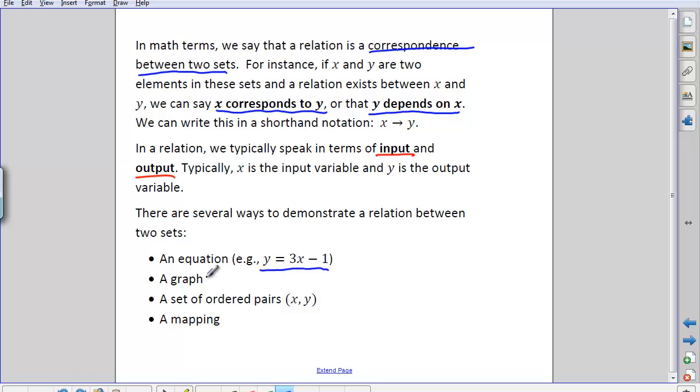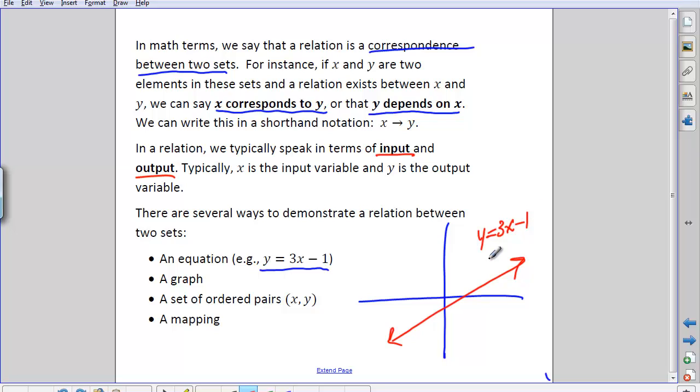Well, if you've got an equation, can you also graph that? We could just quickly sketch a graph. 3x minus 1 might look something like this. So we could definitely also graph that equation, and then that line represents that relationship between x and y.